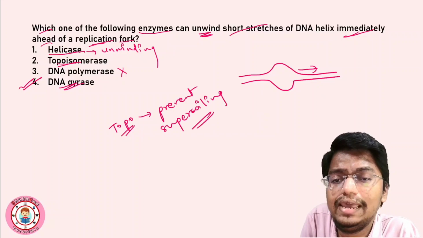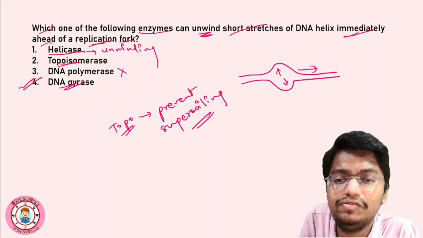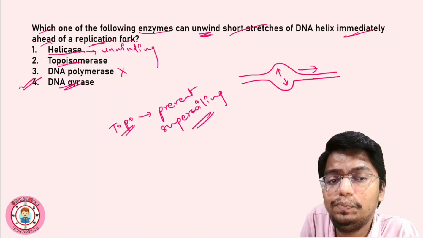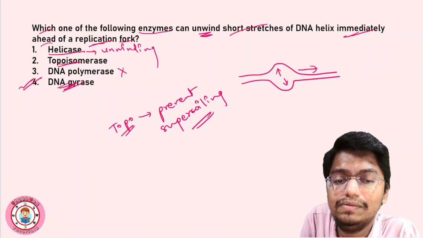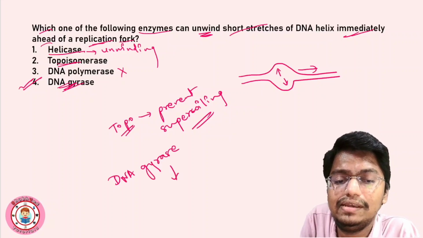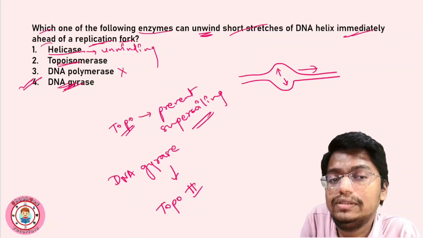So when the helicase acts, first helicase acts to separate the strand, which causes supercoiling. और वो supercoiling को कम करने के लिए DNA gyrase यूज होता है. So DNA gyrase is basically topoisomerase 2, right?